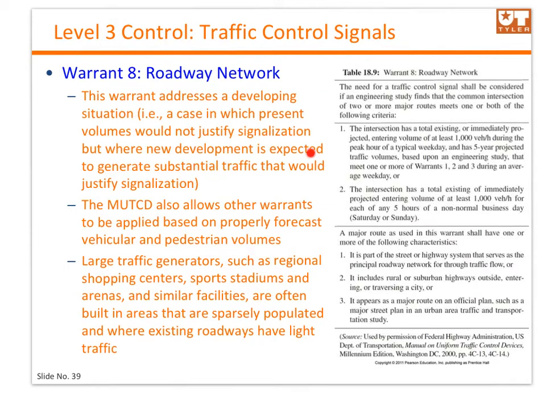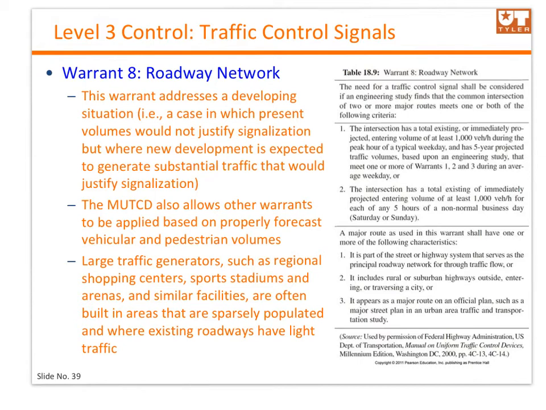So table 18.9, this is warrant 8, roadway network. And basically here it says the need for a traffic control signal shall be considered if an engineering study finds that the common intersection of two or more major routes meets one or both of the following criteria. So it's at least one of the two criteria.